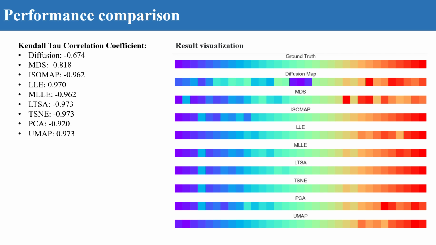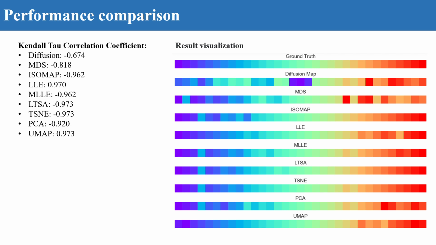Lastly, we would like to compare the results of different dimensionality reduction methods. We use the Kendall-Tau correlation coefficient. This coefficient measures the similarity between two rankings and ranges from -1 to +1, with -1 indicating complete agreement in the contrary direction, and +1 indicating complete agreement in the original direction.